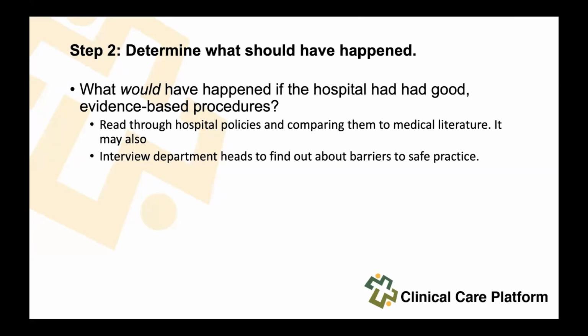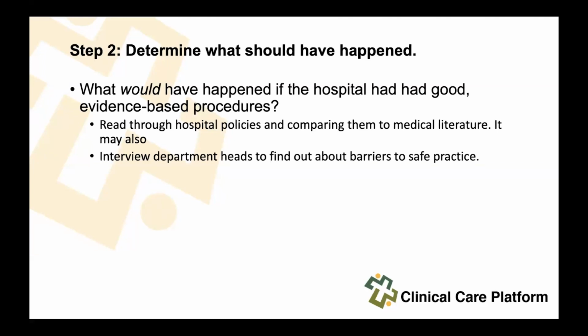So you have to read through your clinical risk assessment procedures and your clinical standards, and interview the department heads or the experts in the space to ask, what could have happened? What are some of the things that are barriers to safe practice in our unit?